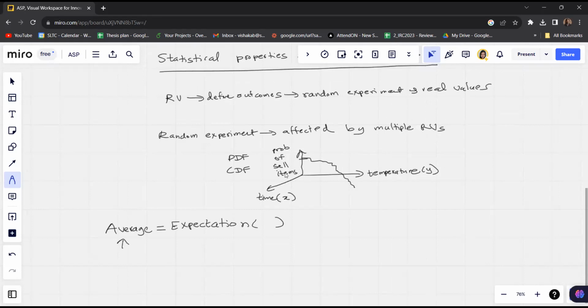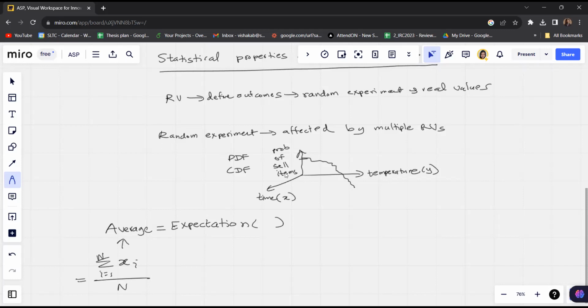Once we have a number of data points, we take the sum of all the data points and divide by the number of data points to find the average. So once we have, let's say, i equals 1 to n data points, we divide by the n number of data points, and using that we find the average of the data points.